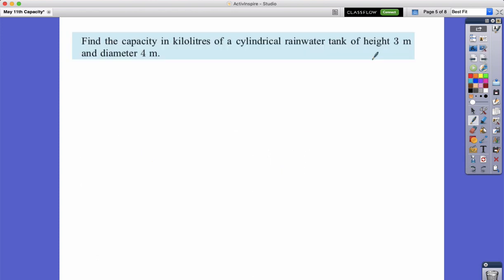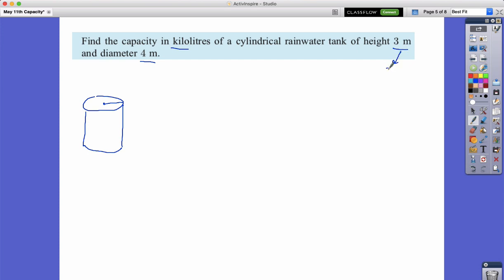Next example, find the capacity in kiloliters of a cylindrical tank with these measurements. Let's draw a picture. I like to use centimeters, because centimeters can relate to those milliliters on a one-to-one relationship.